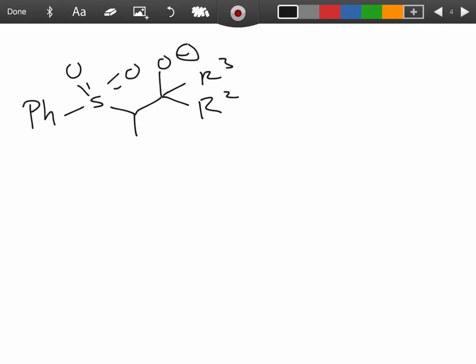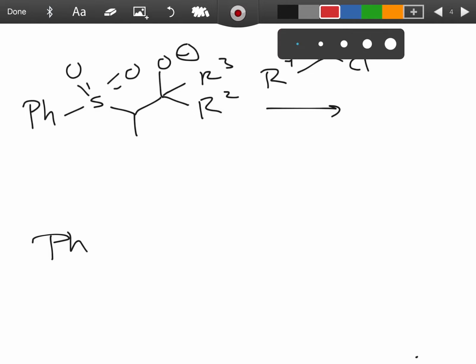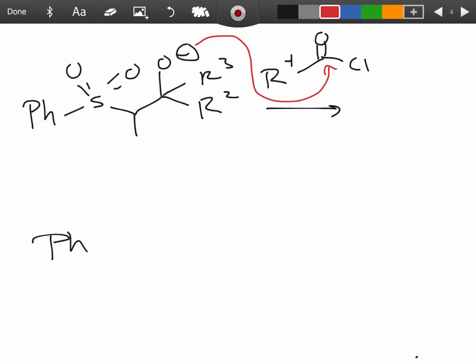Right, and you're going to make effectively a tertiary alcohol, kind of my example I have here. Then you add some sort of acid chloride. Try to make sure everything matches. Right, and then your O minus adds to the carbonyl carbon, comes up, electrons come down, and you kick off the chlorine.